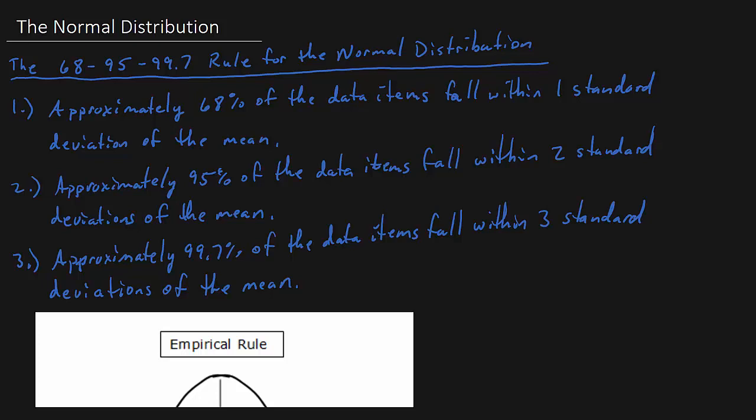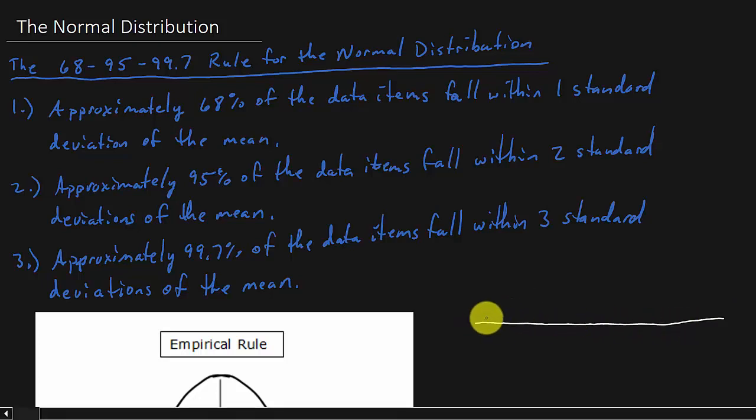So the 68, 95, 99.7 rule for the normal distribution, which is the empirical rule. What it's saying is if we have a normal distribution, and when I say a normal distribution, that means if you had data and you plotted it, it would be mound shaped like this.